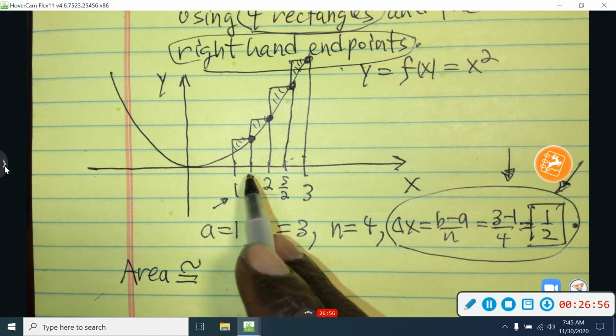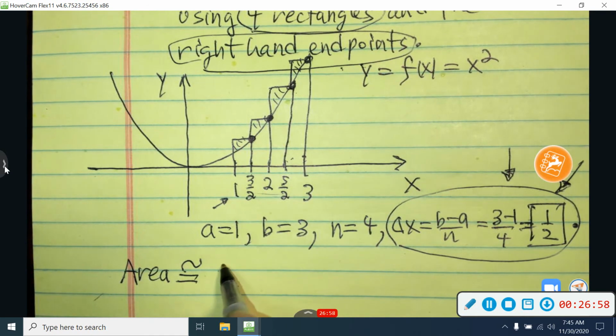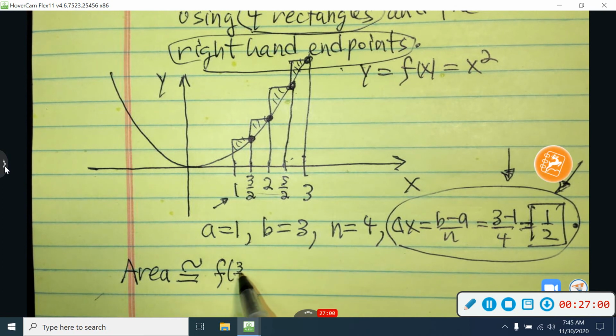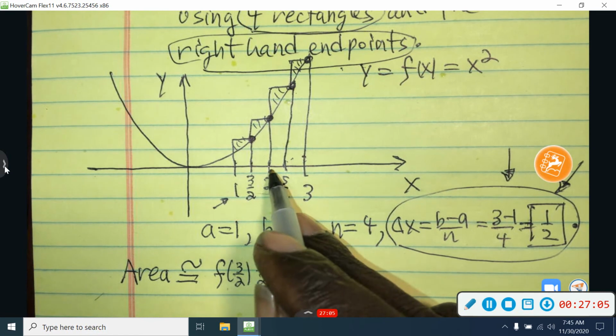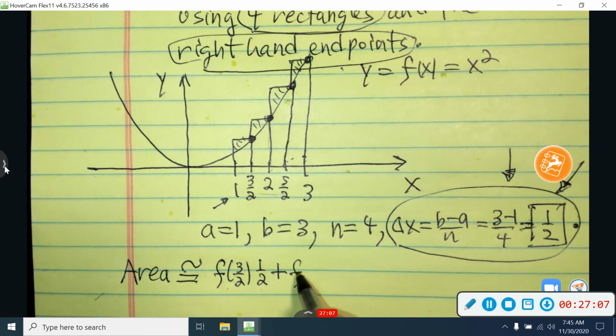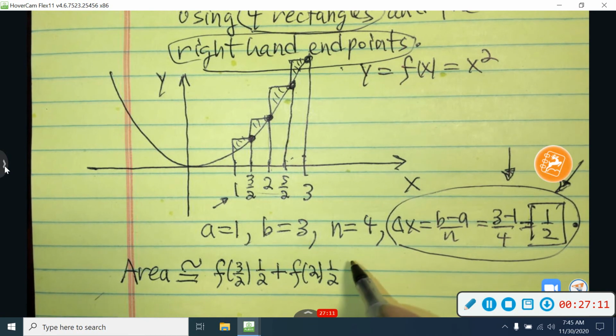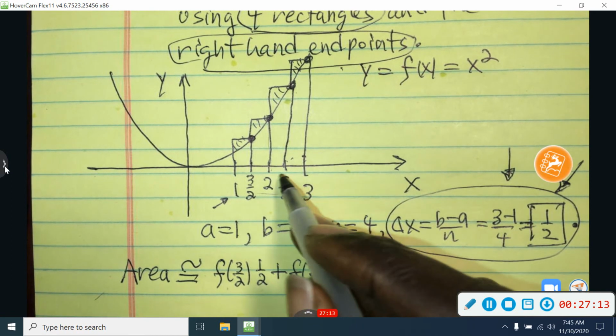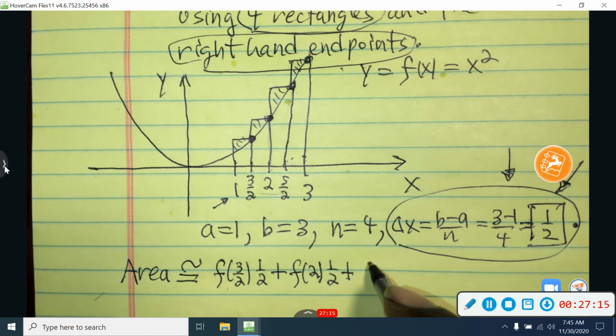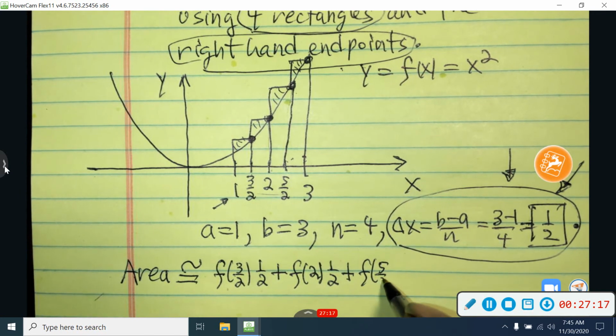The first box will be f of 3 halves times the width, which is the change in x, 1 half. The second box will be f of 2 tall times the width, a half. They're all a half in width. The next one will be f of 5 halves times 1 half.